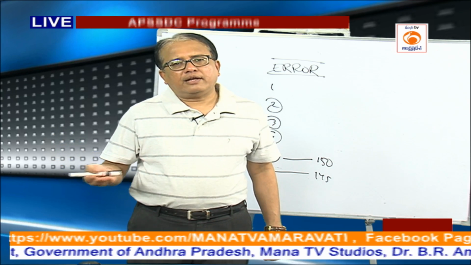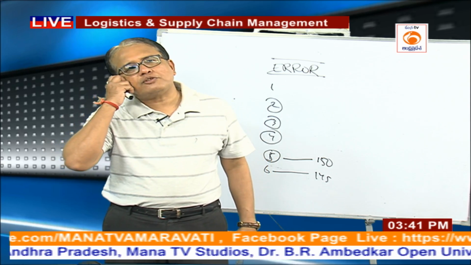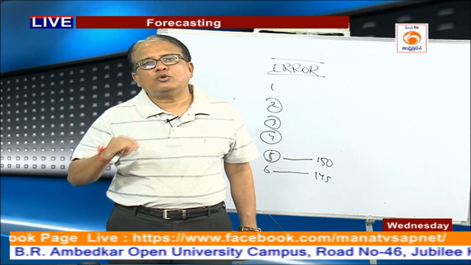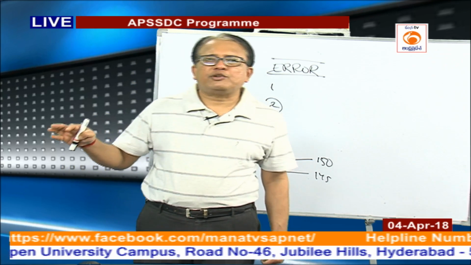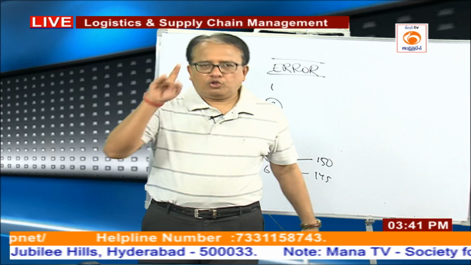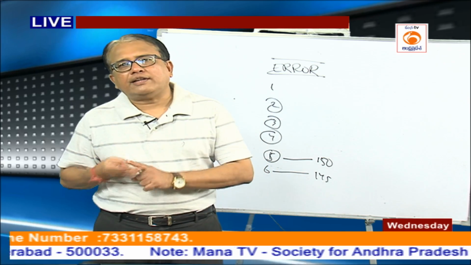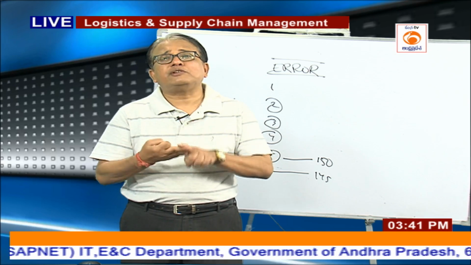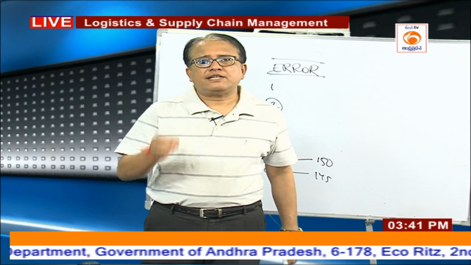When we talk of exponential smoothing with trend, we take the trend component into consideration. But you should remember only that there are three types: simple exponential smoothing, exponential smoothing with trend, and exponential smoothing with seasonality and trend.